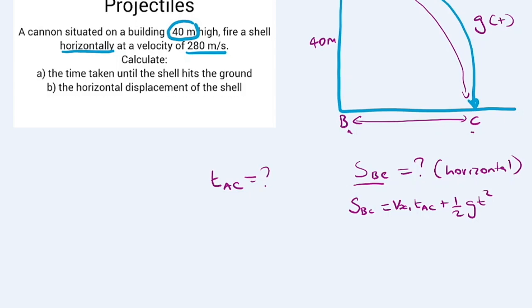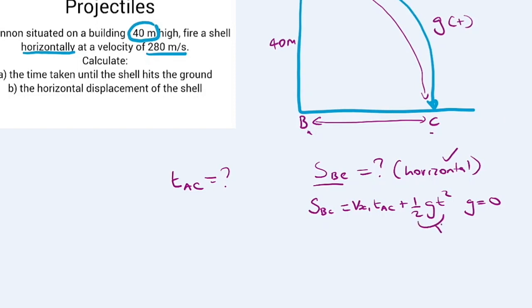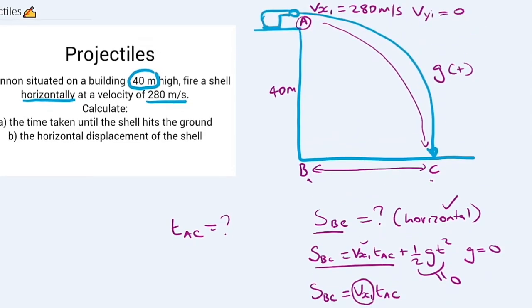Then because we are dealing with horizontal, that means g is 0, so this whole term is 0. Then we're left with the distance we're looking for, the initial horizontal velocity, and the time it takes from A to C. We do have this velocity, but we don't have the time. So to find this distance, we have to find the time. That's what they are looking for in question number 1. So let us find time.